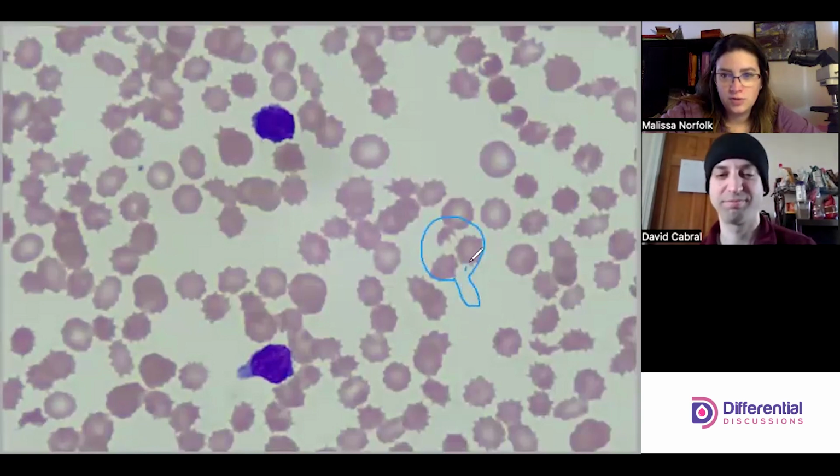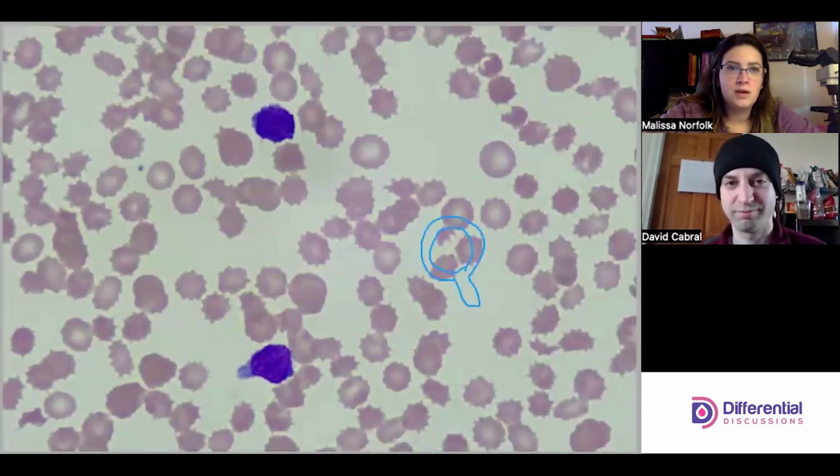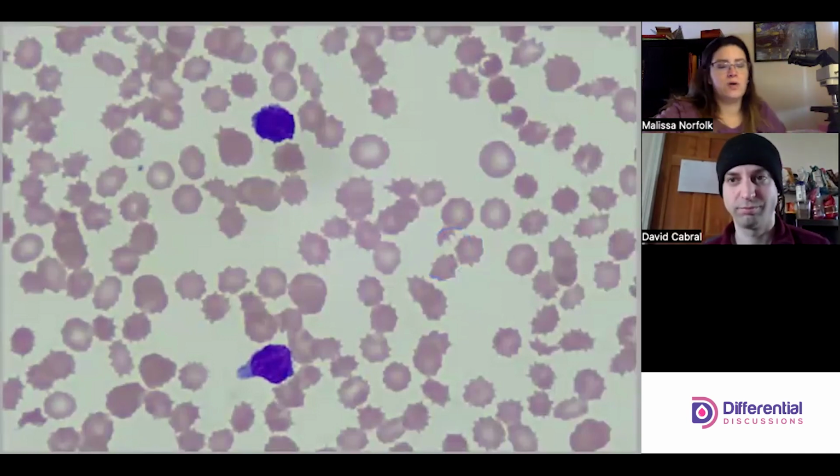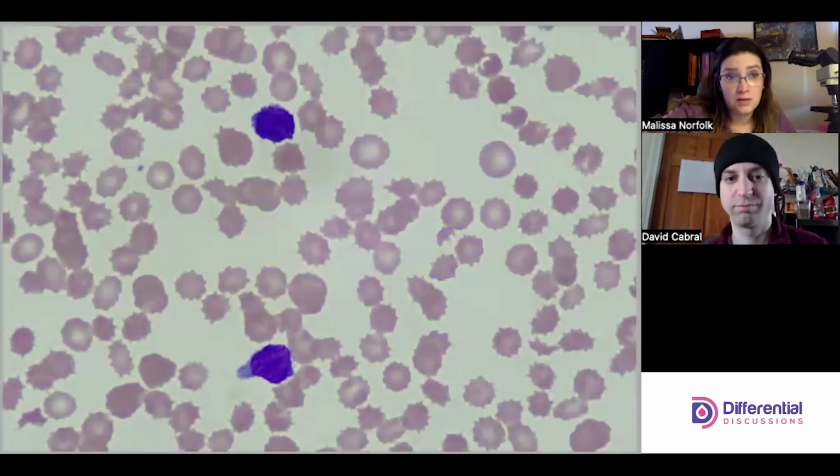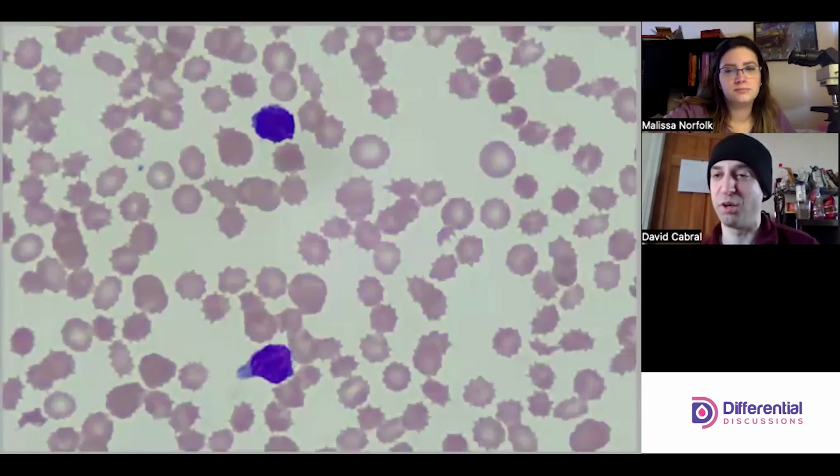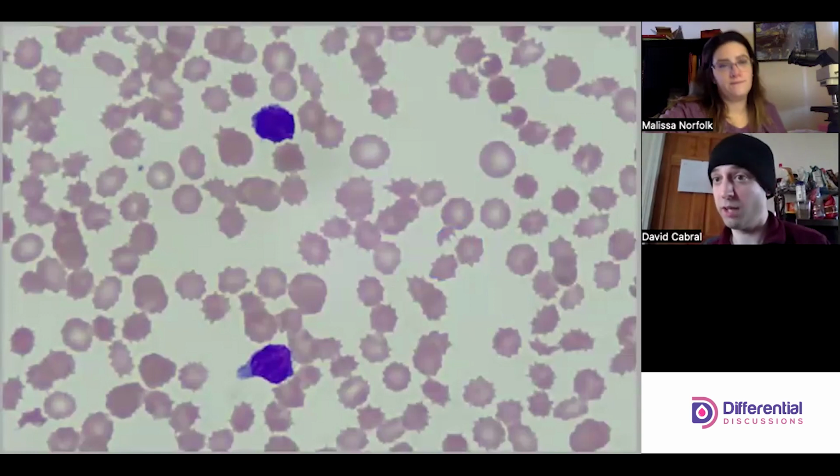When you look at this cell, it has the hand mirror shape. When you see hand mirror blasts, that's typical of what you find in ALL. This complements that other video well, as it represents one of the other common morphological presentations.